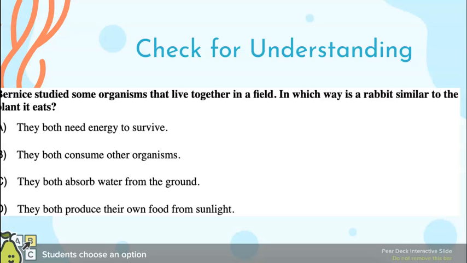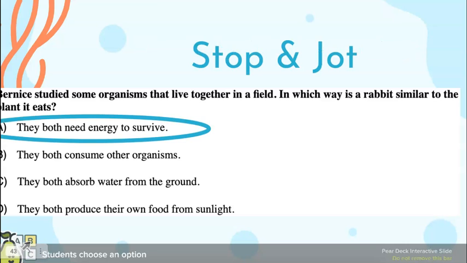Take a moment to write down your answer again. Right, so if you got A, that would be right. They both need energy to survive. So the plant gets its energy from the sun, and the rabbit gets its energy from the grass, or from the plant.